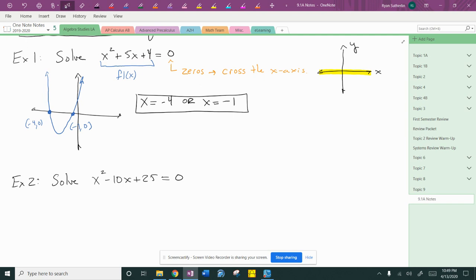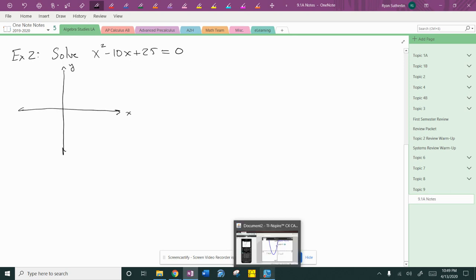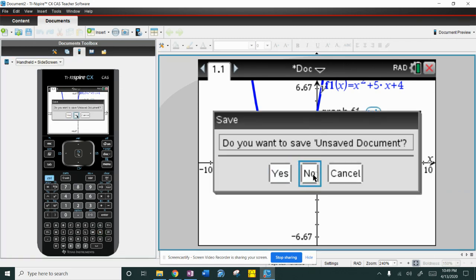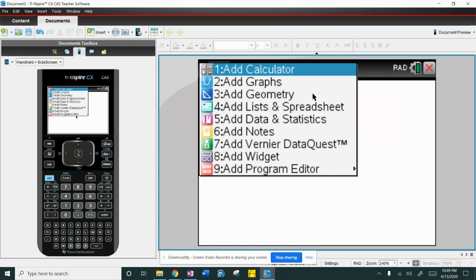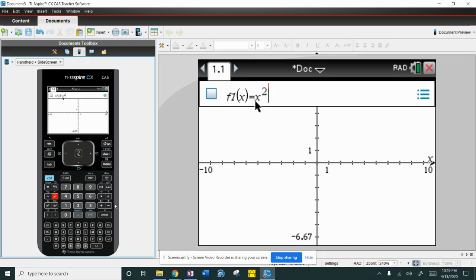All right, I'm back here. So I'm going to move this up. We're just looking at this problem. I'm going to draw a little XY grid so I can sketch a graph of the parabola that we get. I'm going to go to the calculator and do a new document. I don't want to save this old one. I'm going to add another graph, and our quadratic was x squared minus 10x plus 25.